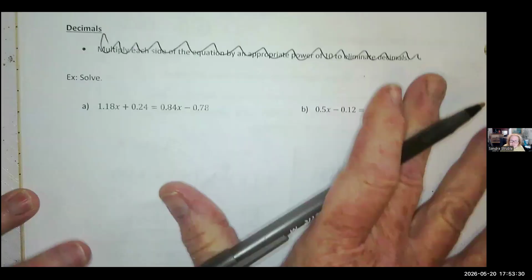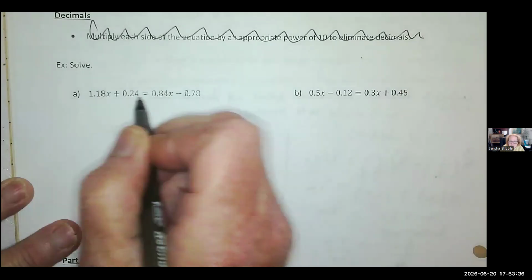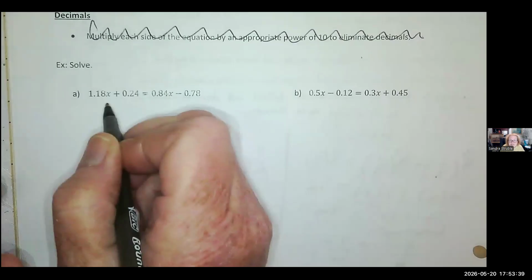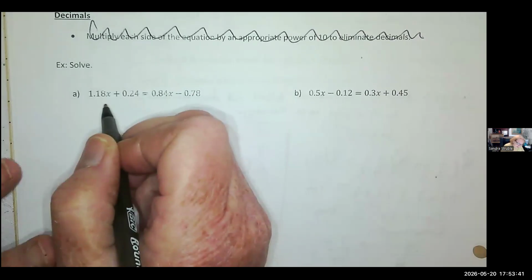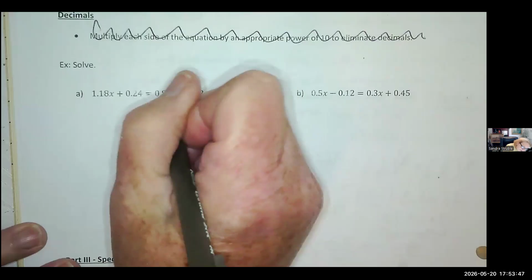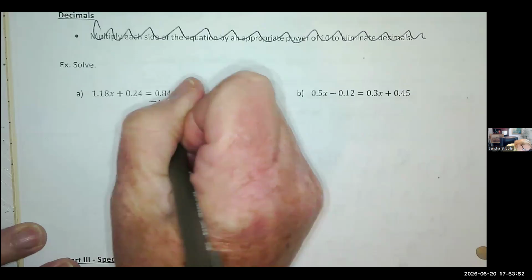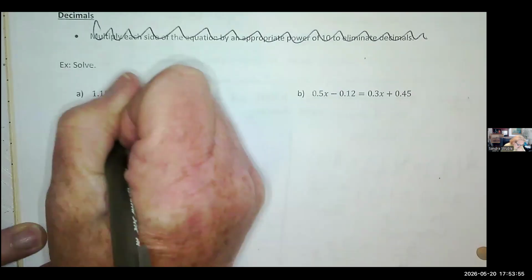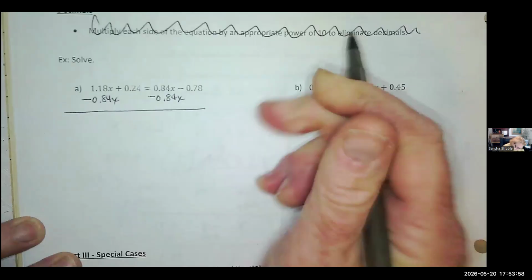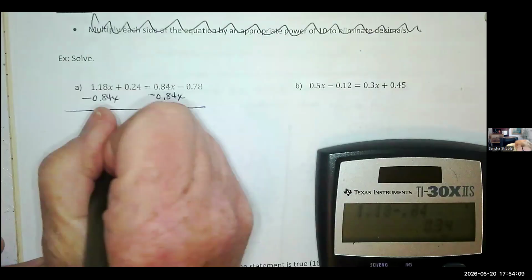You've got terms with x's and you've got terms without x's. Everything is already combined with like terms on either side of the equal sign. So now we just need to get our x's on one side and our constants on the other. So I'm going to start by moving the 0.84x to the other side. It's currently positive. I need to subtract it from both sides. 1.18 minus 0.84 is 0.34x, bring down everything else.